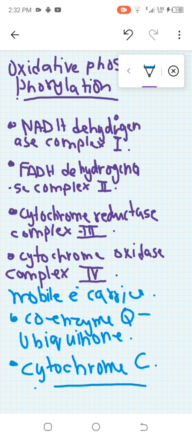In the diagram we'll discuss each complex and mobile electron carrier.